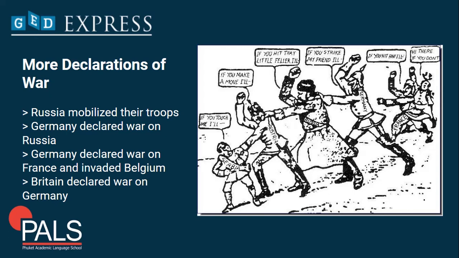Russia immediately began to mobilize its troops and prepare for war. In response, Germany, Austria-Hungary's close ally, declared war on Russia as well, on August 1st. A few days later, Germany declared war on France and invaded Belgium. Because of that, Britain then declared war on Germany, and World War One had begun.